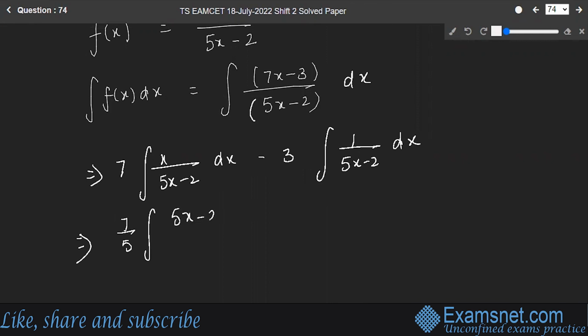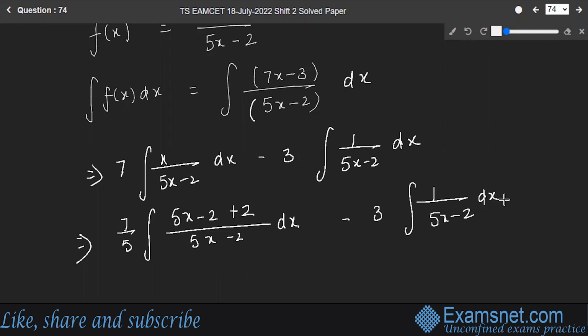So I can write it like this. Right? This can be written minus 3 into, I'll not touch, it will be as such.